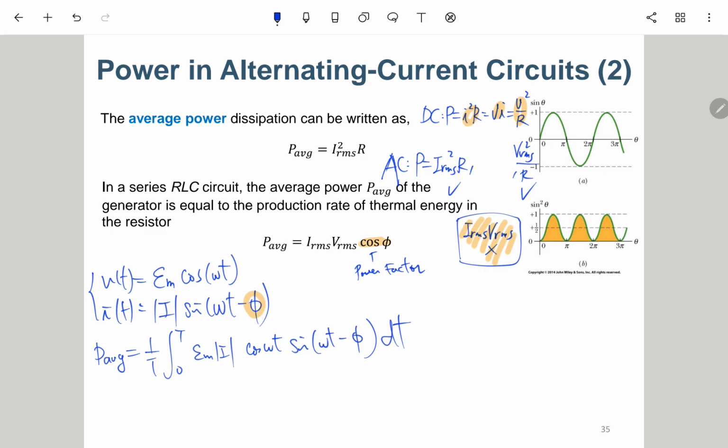So if we would like to compute this one, these two multiplied together will become something like sine of omega t and then cosine of phi.